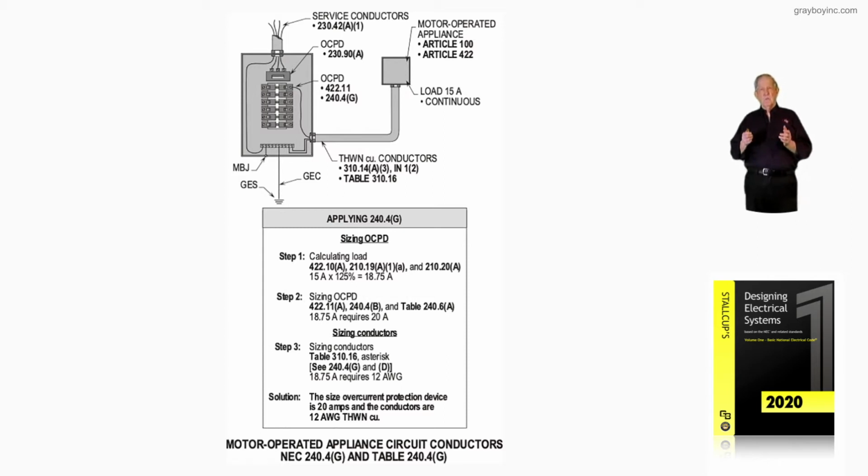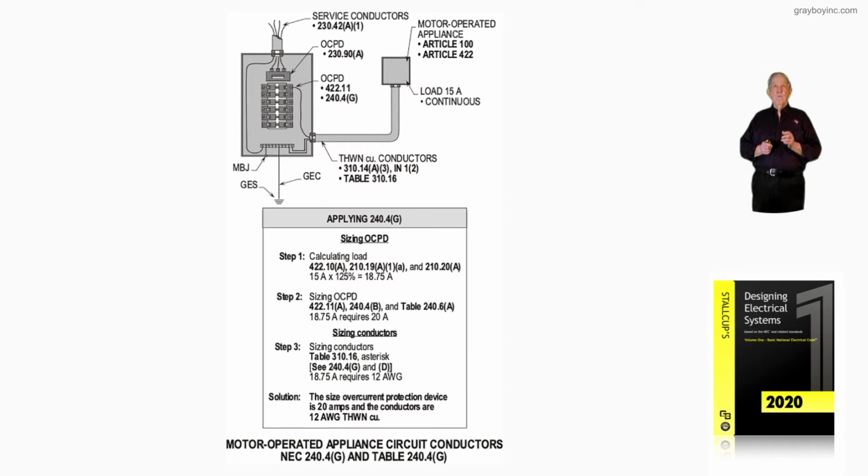Because it's an appliance with a motor involved, we would also have to review Article 422 that deals with appliances, and I believe it's 422.3(B), that says these appliances are considered a continuous rated load, applying the 125% rule. Then Article 100 defines an appliance with a motor, just exactly defines it, so it's no mistake in what they're talking about in this illustration.